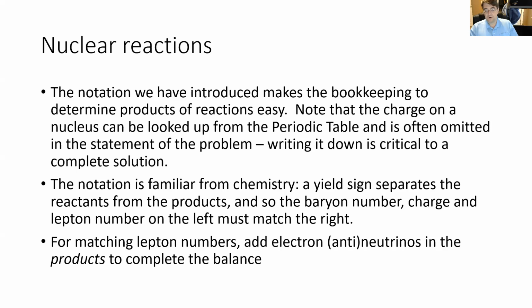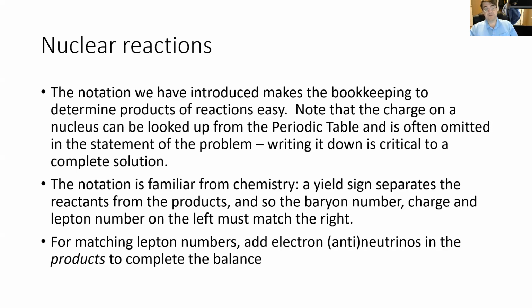The notation for the long form of writing it is familiar from chemistry. You draw the same kind of yield sign that you would have seen in a chemical reaction. It separates your reactants from your products. The total number of baryons, total charge, and total lepton number before the arrow has to match the total of each one on the right.